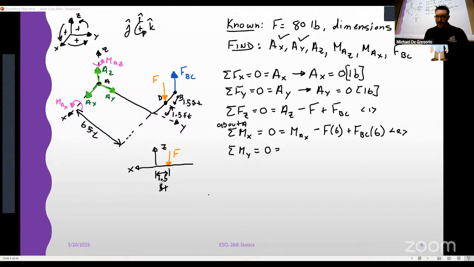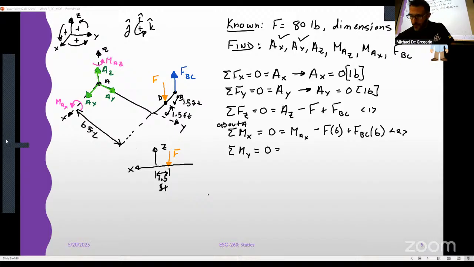Is that going to be a positive or a negative moment? It's negative, right? Because look up here, XZ, Z into X is our counterclockwise, so this would cause a clockwise rotation.